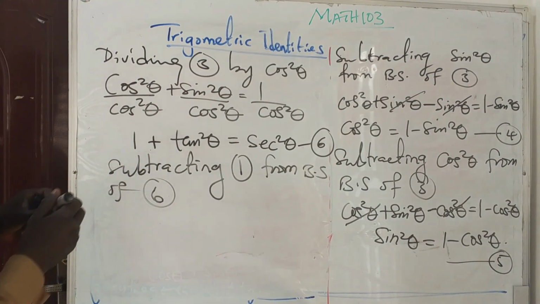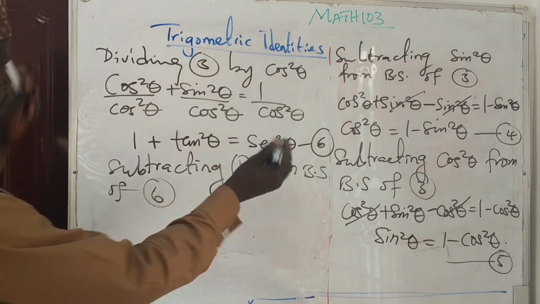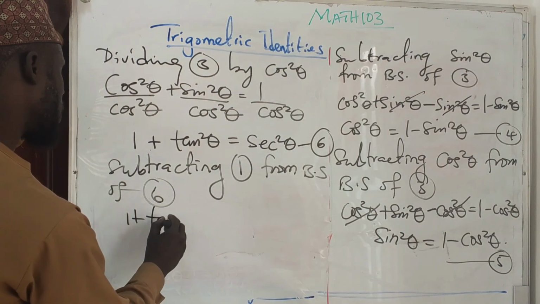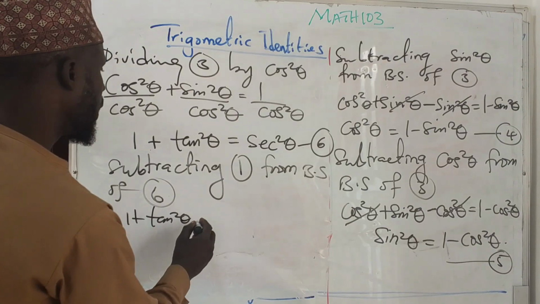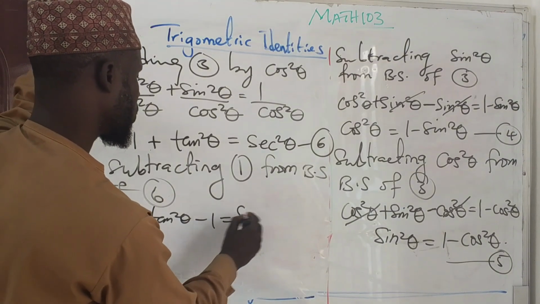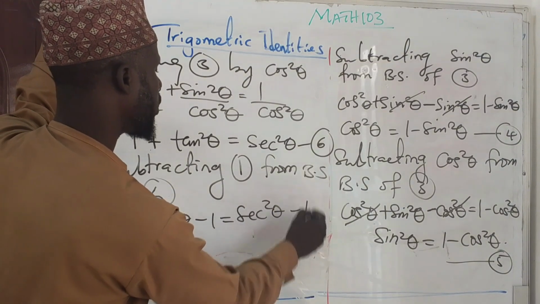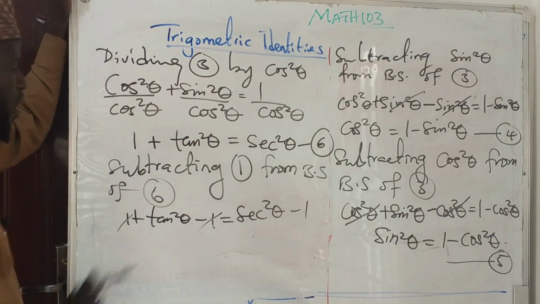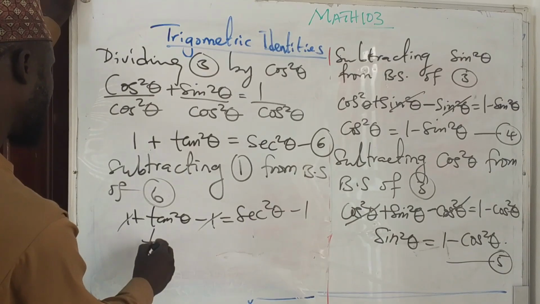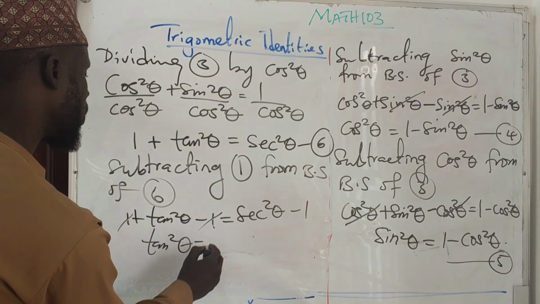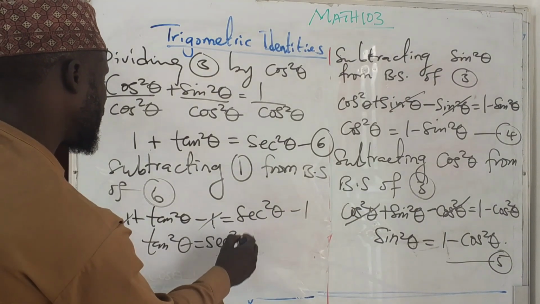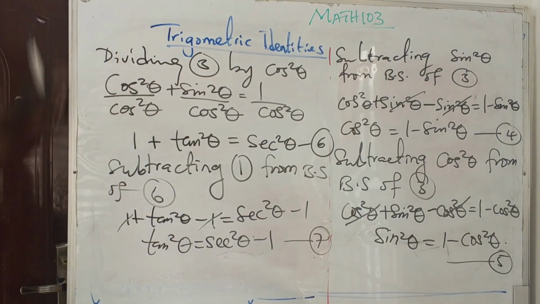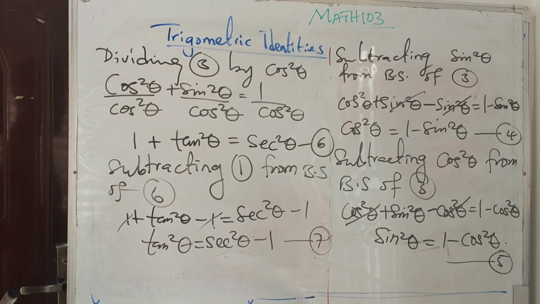This gives 1 plus tan squared theta minus 1 equals sec squared theta minus 1. Here I have 1, here I have 1, so 1 minus 1 is 0. And so I have tan squared theta is equal to sec squared theta minus 1. Here is another important identity, identity number 7.